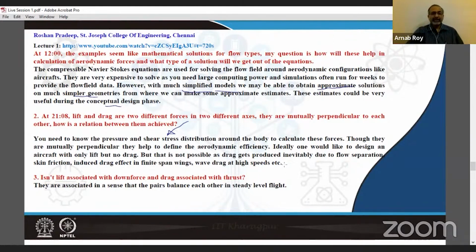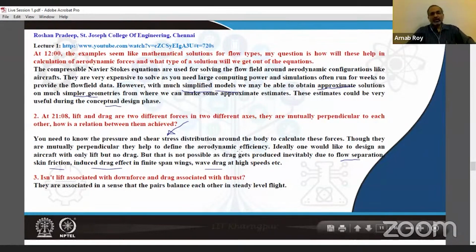And in practical configurations, of course, we cannot imagine that, because as by now we have had extensive discussions on all this, due to different effects like flow separation, skin friction, induced drag, and in the upcoming 6th module, you will also learn about compressible aerodynamics. There you will learn more about wave drag at high speeds.